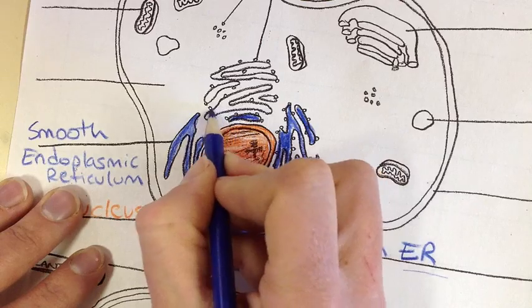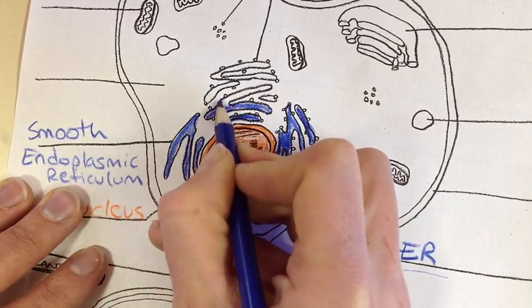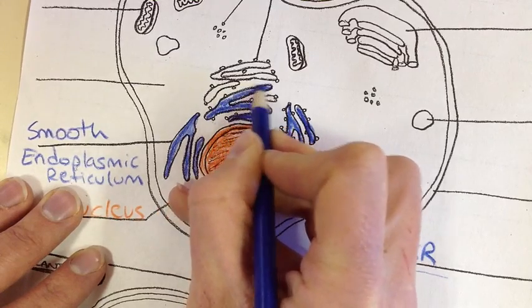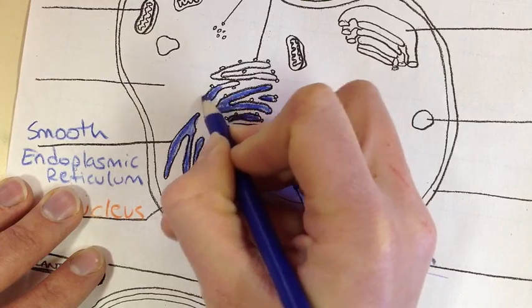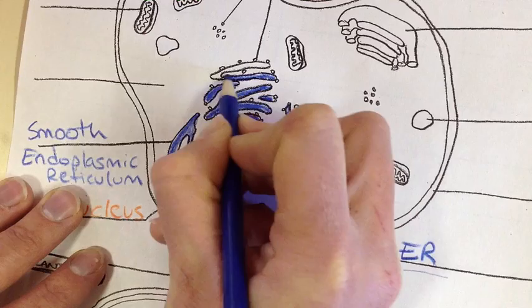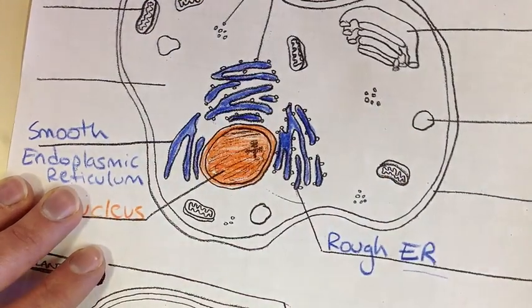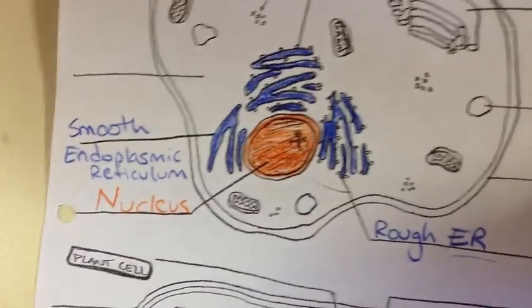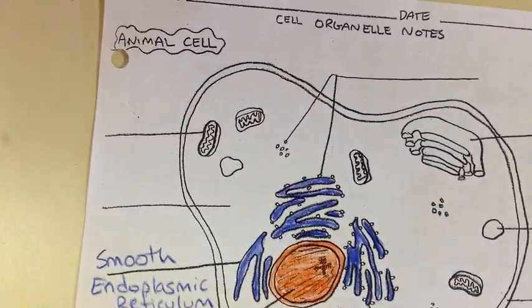So if yours does not look exactly like the one I have here, that's okay. Nicely coloring in our endoplasmic reticulum. Science words are always really fun to say. Endoplasmic reticulum. Okay, so I've got the smooth ER and the rough ER in my animal cell.